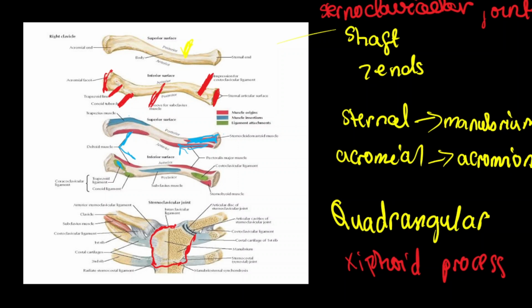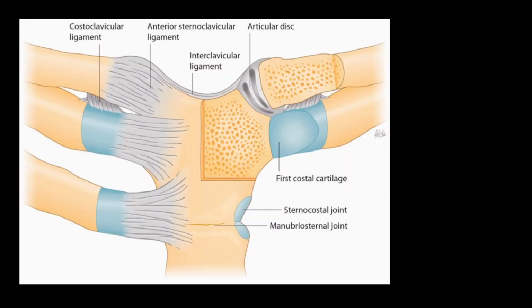Now let's take a look at some of the ligament as well as the muscle attachments of the clavicle. Considering the ligament attachments, we can see that we have the sternoclavicular ligament, both the anterior sternoclavicular ligament as indicated here, as well as the posterior sternoclavicular ligament.